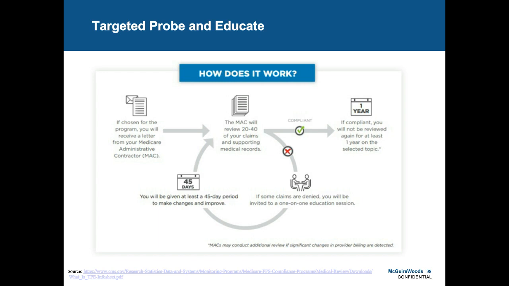But some providers continue to have documentation errors even after the education sessions. Any providers that fail to improve after 3 rounds of education sessions will be referred to CMS for next steps. That may include 100% prepayment review on all of a provider's claims, extrapolation of overpayment amounts to a broader universe of claims, or referral to another auditor for more focused auditing.